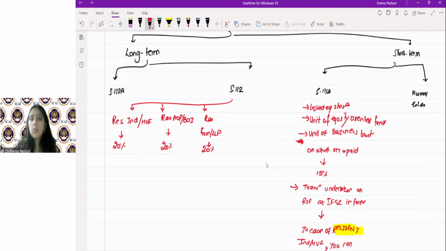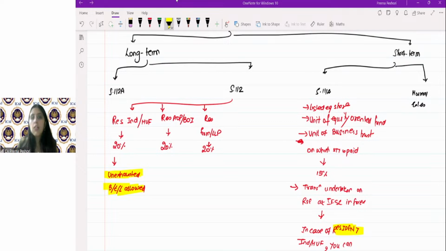But for resident individual and HUF, you have the option of exhausting the unutilized basic exemption limit. So unexhausted basic exemption limit is allowed. This is, as I said, only for the resident individual or HUF.